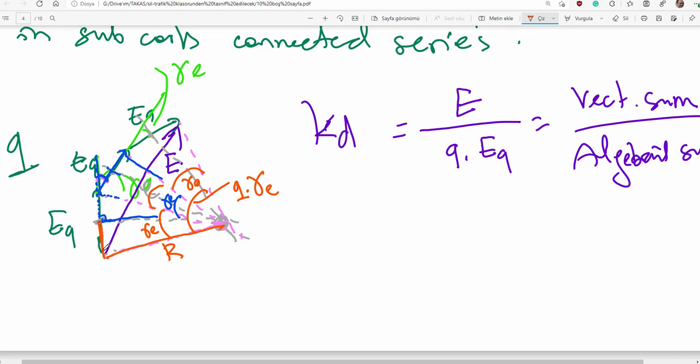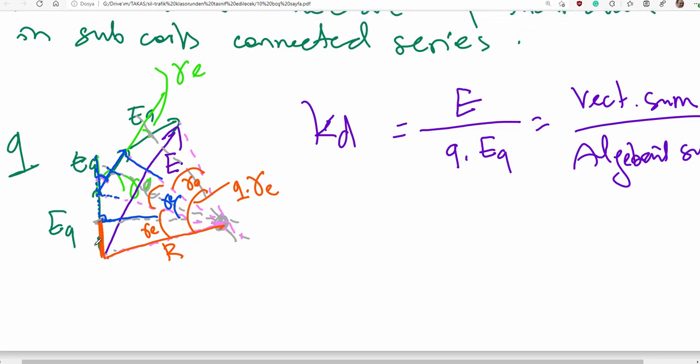So I can calculate this portion. This portion is R times sine gamma E over 2. That is the triangle.